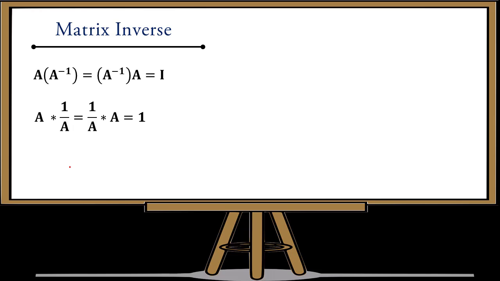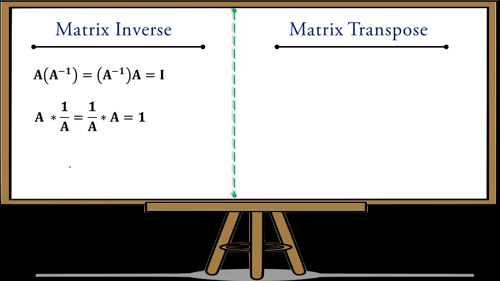Now let's take a look at the last topic of the video, the matrix transpose. So what is a matrix transpose? We will take a look at this also when we are talking about linear regression and various algorithms. Here we have our matrix A. What do we have to do to transpose this matrix? The transposition of a matrix is just like rotating the matrix 90 degrees clockwise and then reversing it.